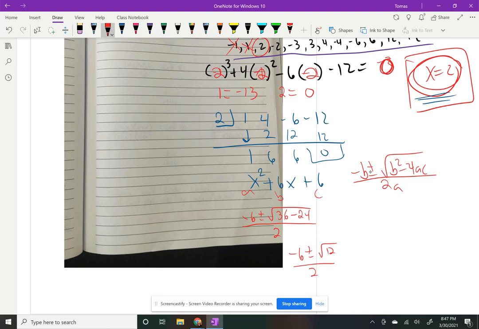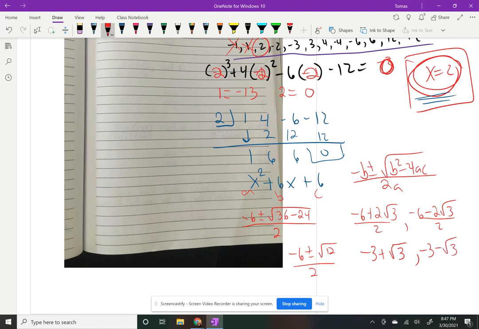I could take out a term here, right? The square root of 12 is 4 times 3, so I could break down 4 into 2 times 2. So this is actually -6 plus 2 square root of 3 over 2, and -6 minus 2 square root of 3 over 2, which means our answers would be -3 plus the square root of 3, and then -3 minus the square root of 3.